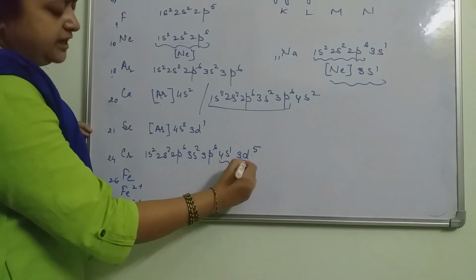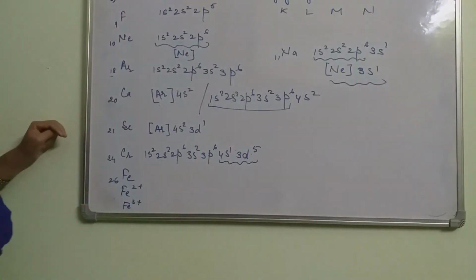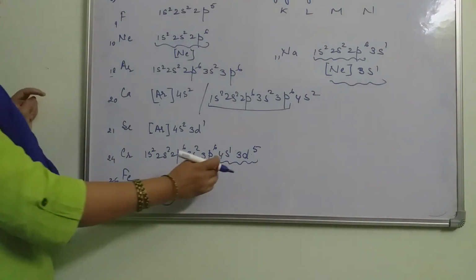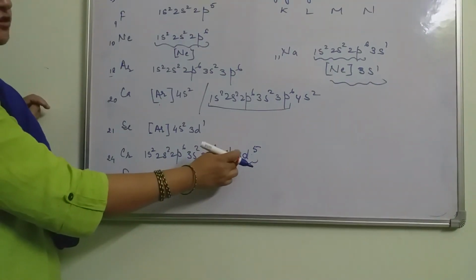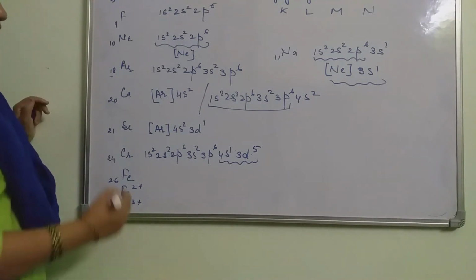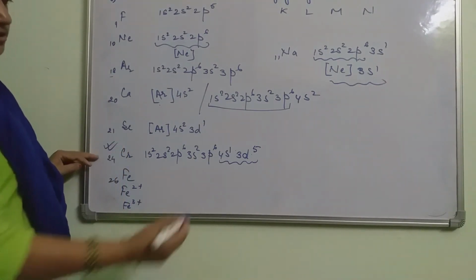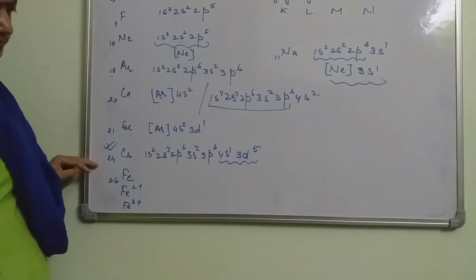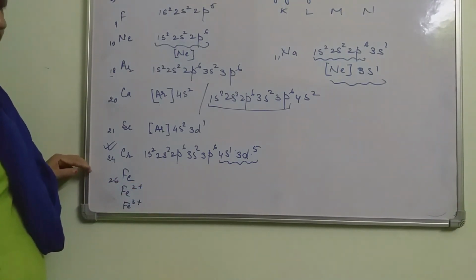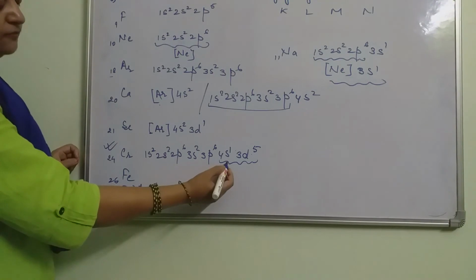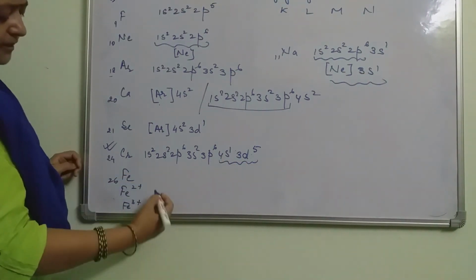As we know, half-filled and full-filled orbitals are very stable. Now the 4s becomes half-filled and 3d also becomes half-filled. So the configuration of chromium is very important because there is an exchange of a 4s electron into the d orbitals.